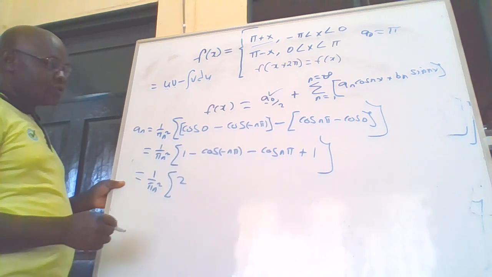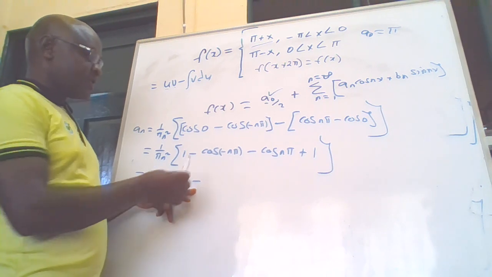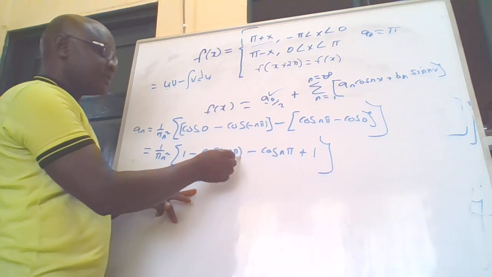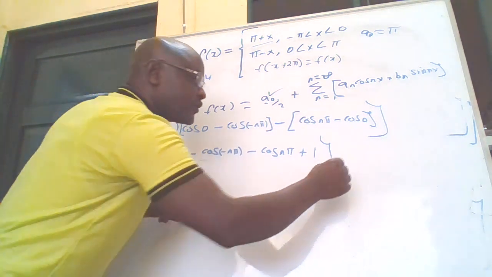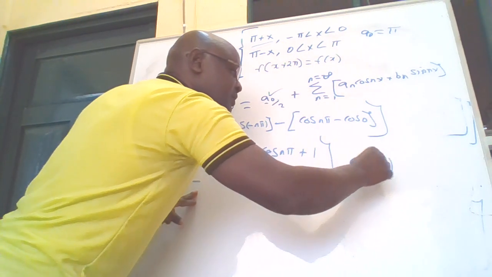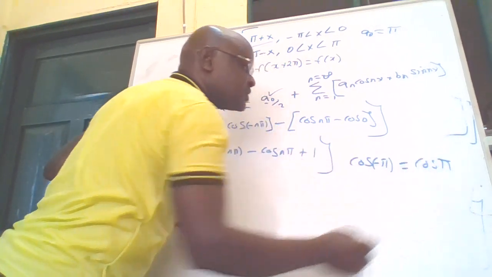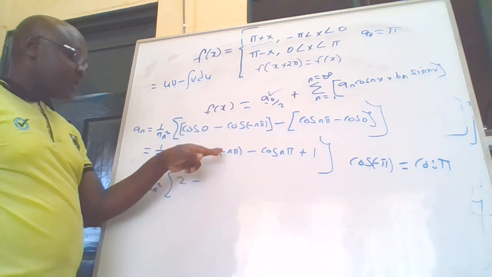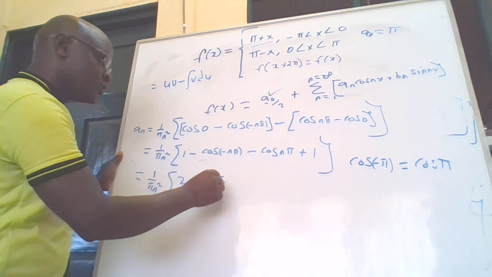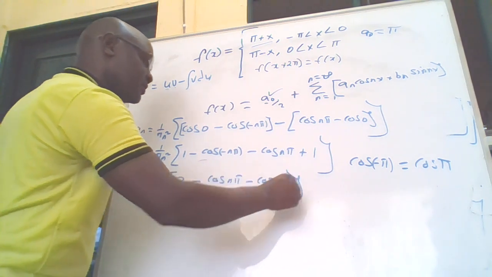I have 2, then minus, then you realize that cos minus n pi, we know that cos minus pi is the same as cos pi. Therefore, we can write this one as minus cos n pi minus cos n pi.